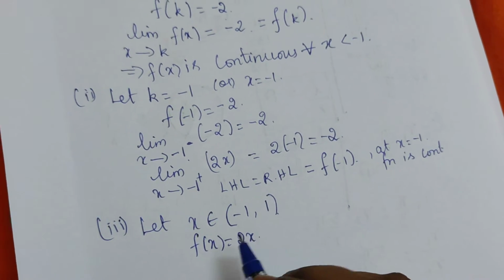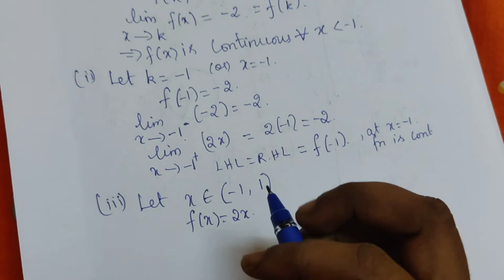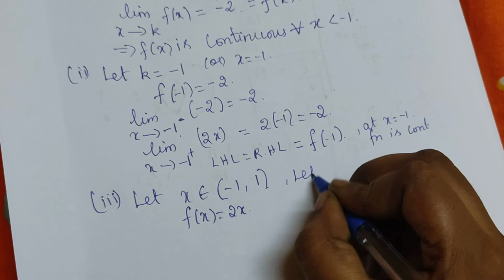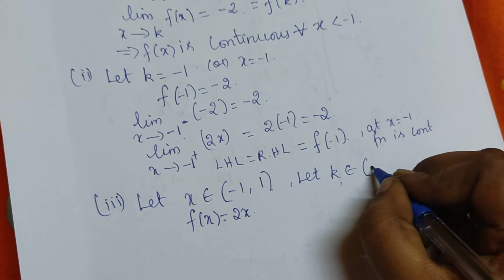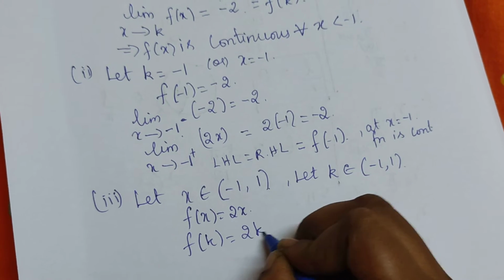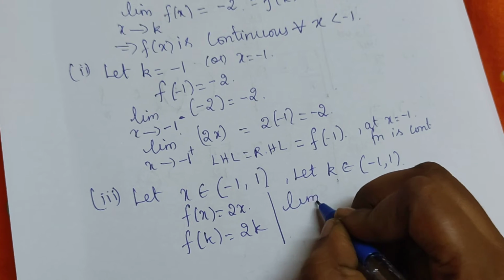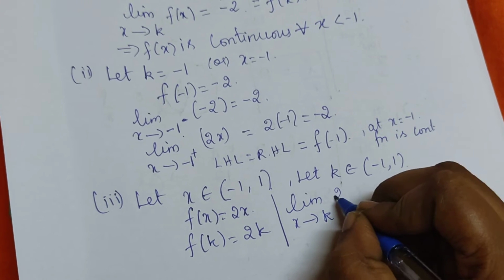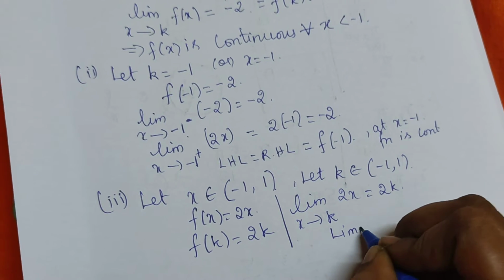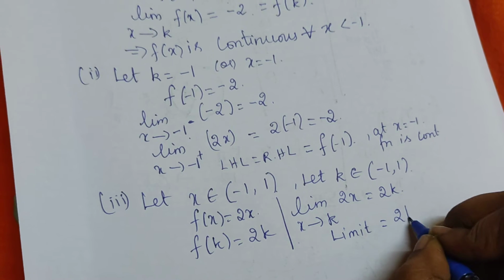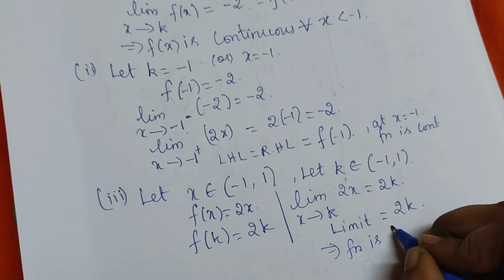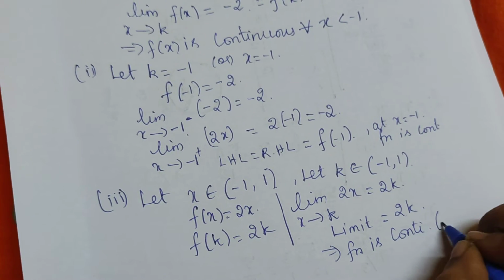Let k be a real number from the interval minus 1 to plus 1. So f of k will be 2k, and the limit as x tends to k of 2x will be 2k. So here the limit of the function is equal to the functional value 2k, which says the function is continuous in the open interval minus 1 to 1.